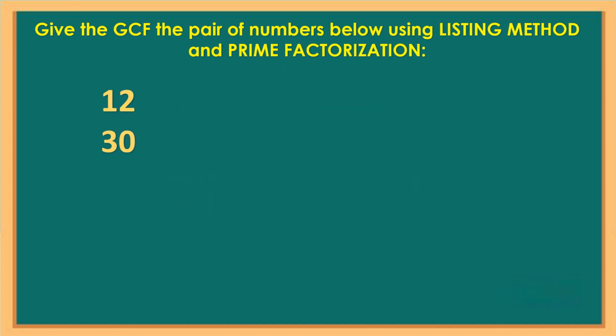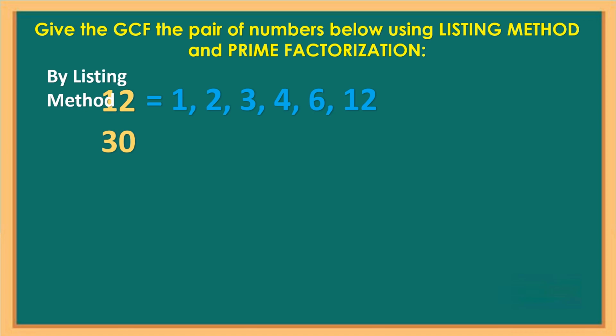12 and 30, by listing method, the factors of 12 are 1, 2, 3, 4, 6, and 12. The factors of 30 are 1, 2, 3, 5, 6, 10, 15, and 30.